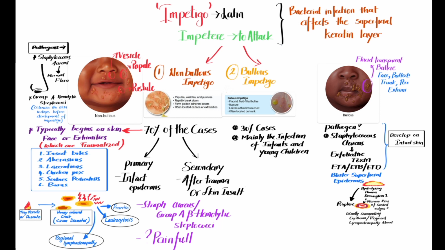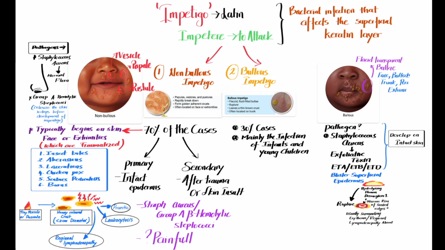So this is the most common and most probable cause. Also, the clinical feature of non-bullous impetigo mainly occurs around the mouth and nasal areas. That is the most common location, rather than bullous impetigo, which can be seen in the extremities and the trunk as well. So Staphylococcus aureus is the most common organism.